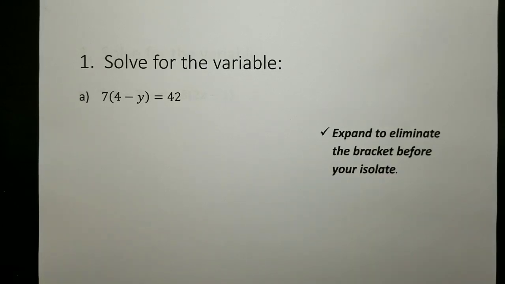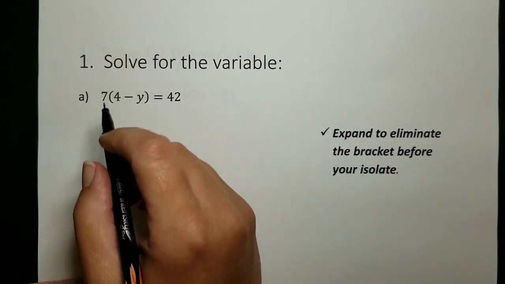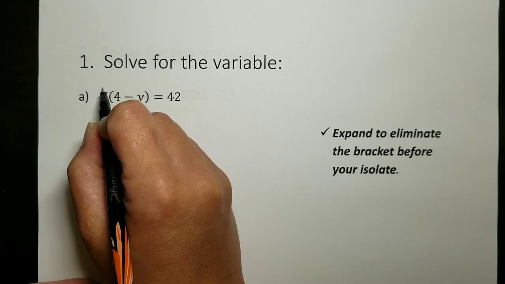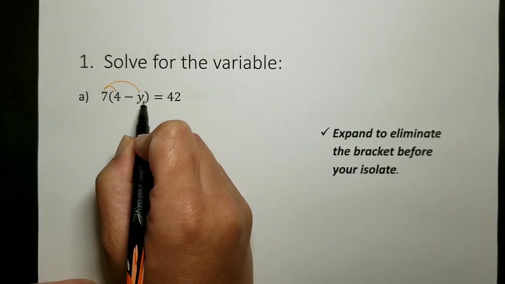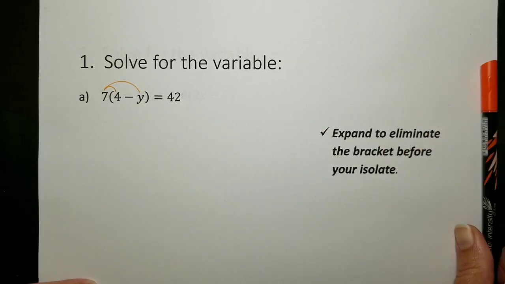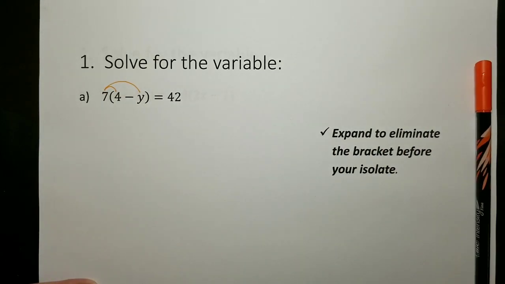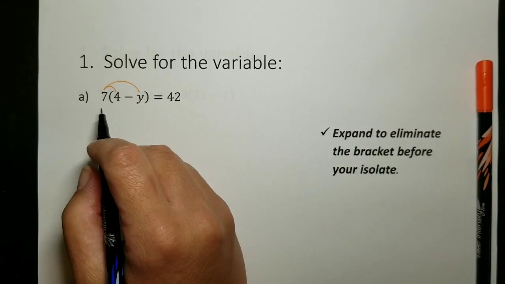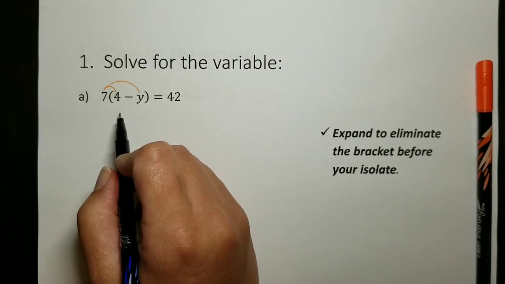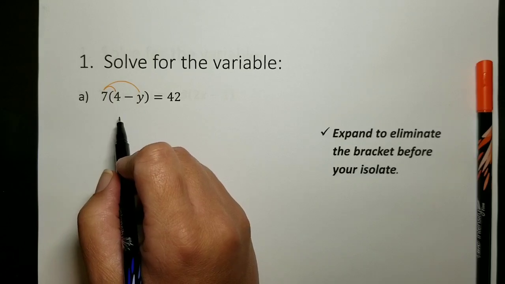We're going to just multiply in to get rid of the bracket. So we're multiplying this monomial 7 by the polynomial 4 minus y in the bracket. We're always going to do that multiplication first before we start doing any other kind of solving equations. So it's just kind of adding in this multiplication step or distributing out the brackets.